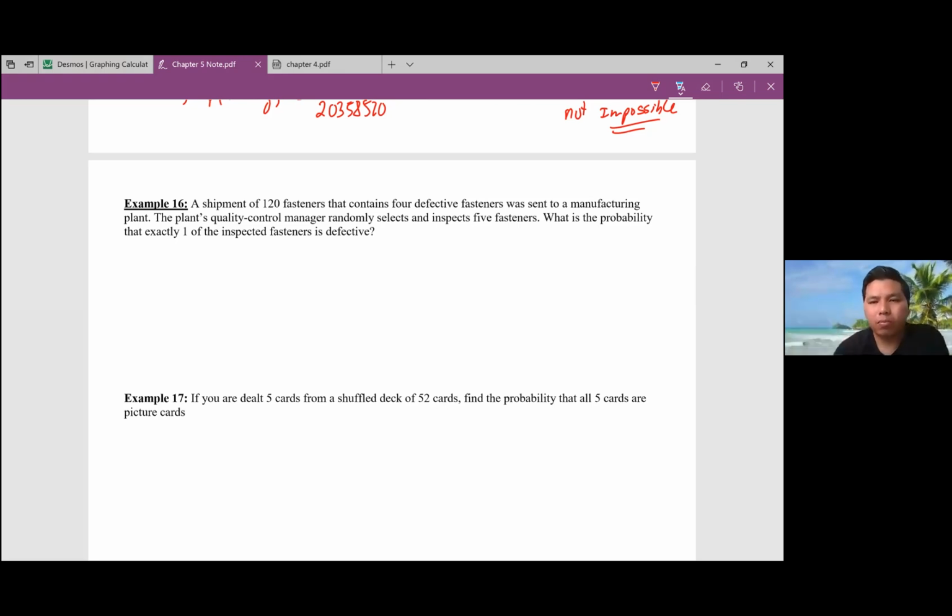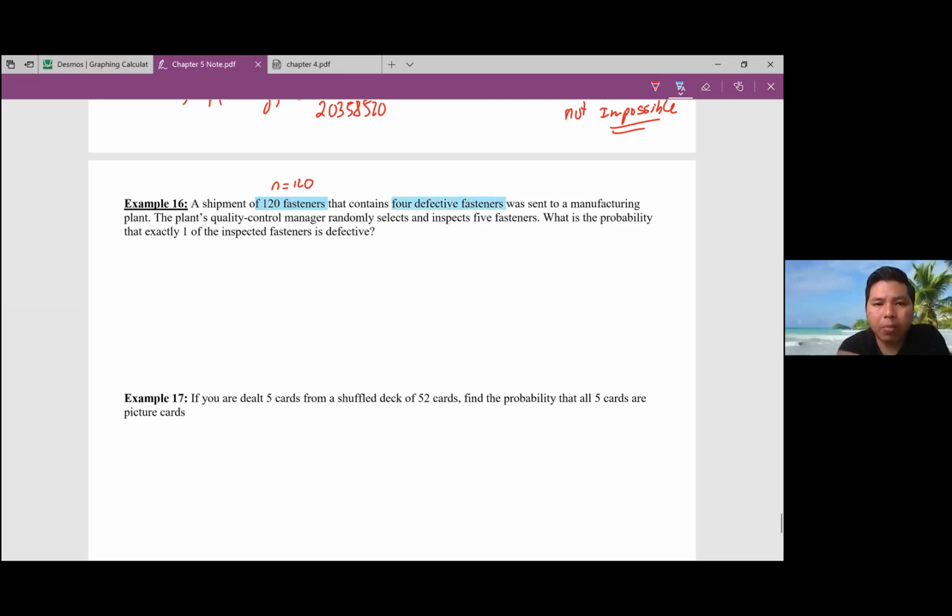Okay, so I'm going to read it through. A shipment of 120 fasteners, so we know that would be N right there. N would be 120, that's the total. There are 4 defective fasteners.